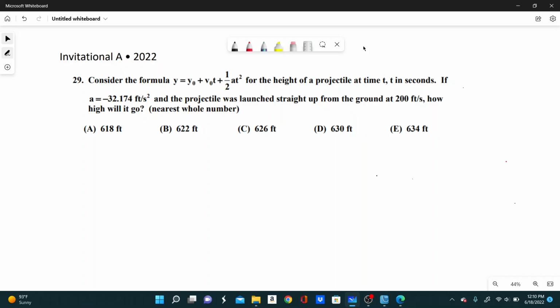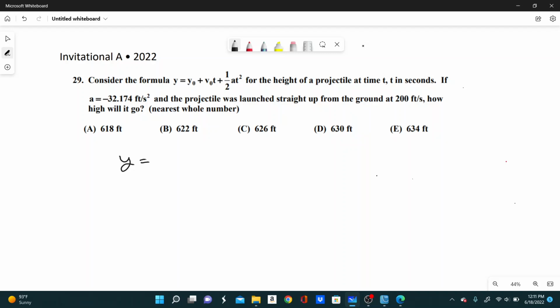Alright, so what we can do here is just straight plug our information into our formula. We start off with y equals, and then y naught will be our initial position. If it's straight up from the ground, we can assume the ground is at y equals 0, so we're not going to have a constant term.